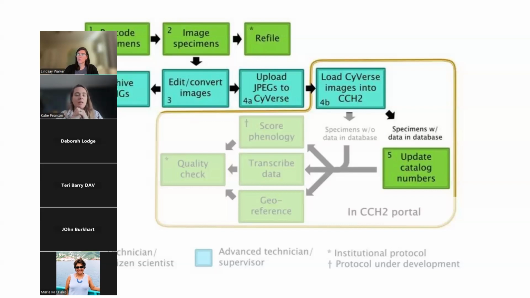So this is a little bit of a complicated workflow thing to think about ahead of time if you're planning a digitization project: how am I going to get my images batch linked to their specimen records if I'm applying a brand new barcode that's not the same thing as my previous catalog numbers, my previous accession numbers?